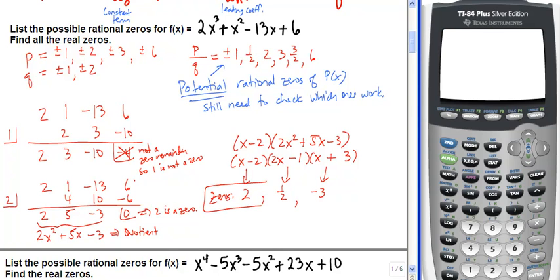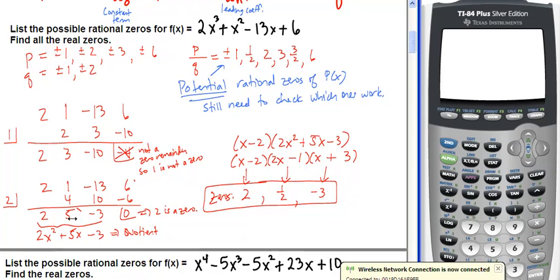So we could have just tried guessing and checking everything in this list, but that takes a lot of time. If you're not a very good guesser, then it could get pretty tedious. So what I usually do on these problems is I try to get a little bit lucky and find at least 1 zero through synthetic division, and try to get my quotient down to a quadratic.